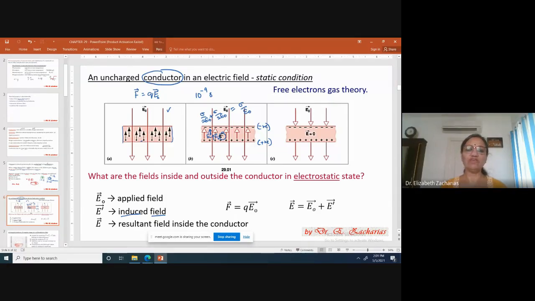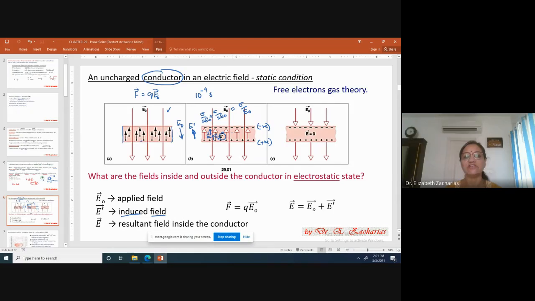And look at the direction of the induced field. The induced field is in this direction, the applied field is in this direction, and the induced field is in the opposite direction. So now what happens inside the material is that the resultant field comes from the principle of superposition.